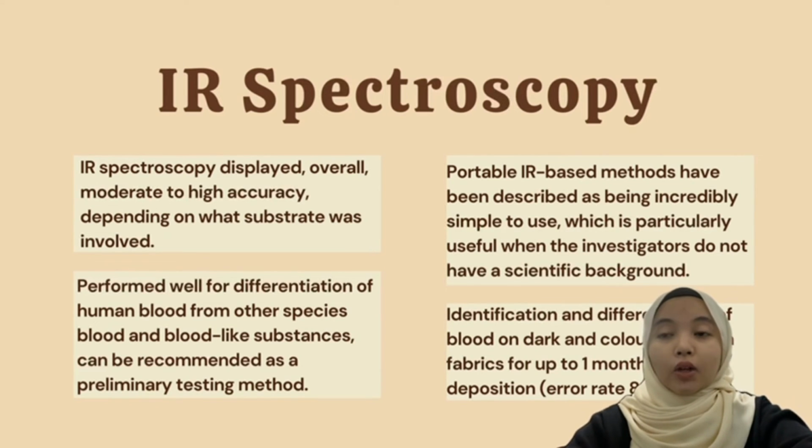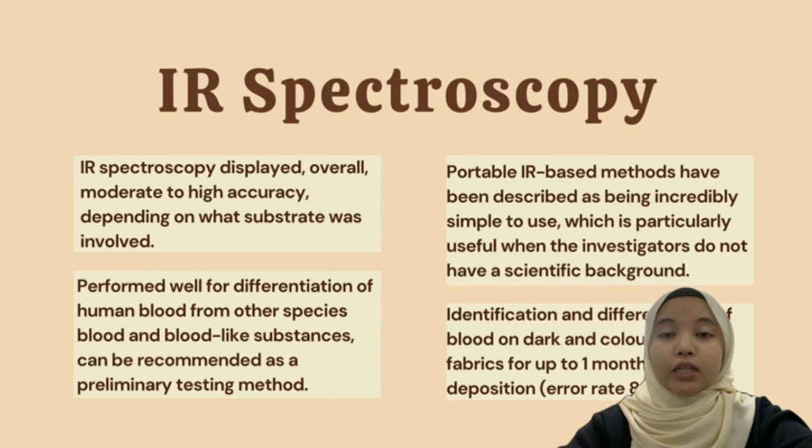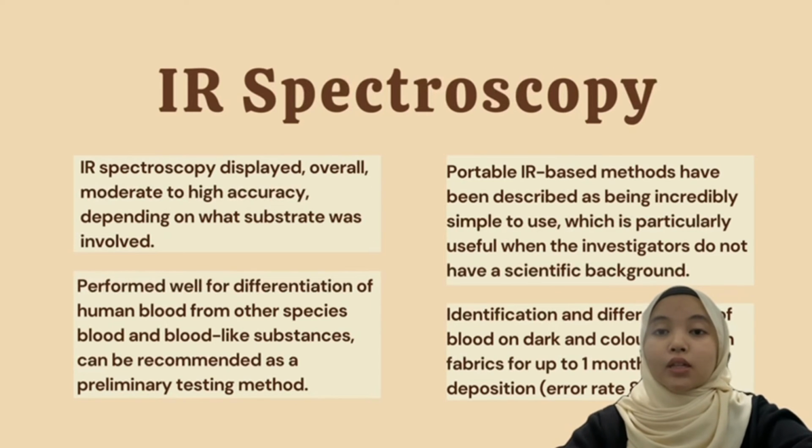However, only cotton fabrics were assessed, meaning that this method is limited in its forensic applicability. Overall, some validation is still required for specific bloodstain analysis, but this technique performs well for the differentiation of human from other species blood and blood-like substances, and can be recommended as a preliminary testing method.